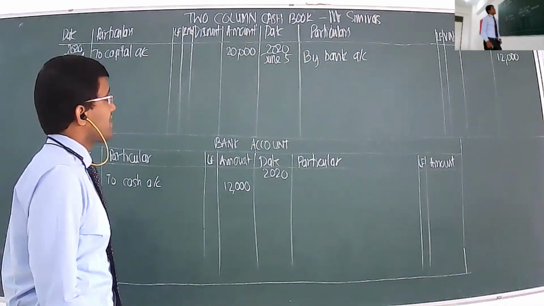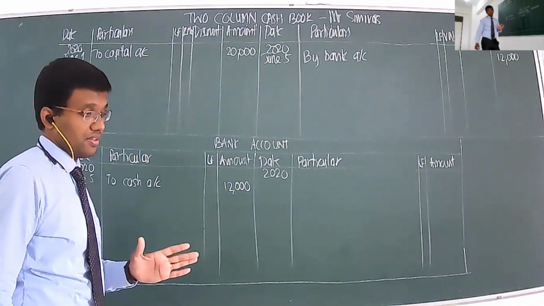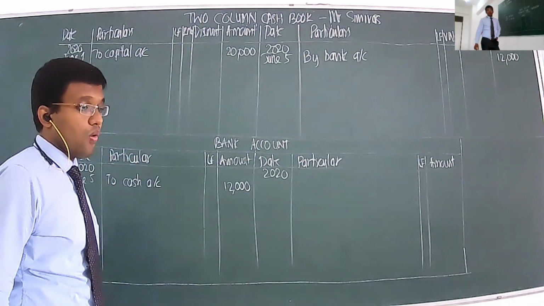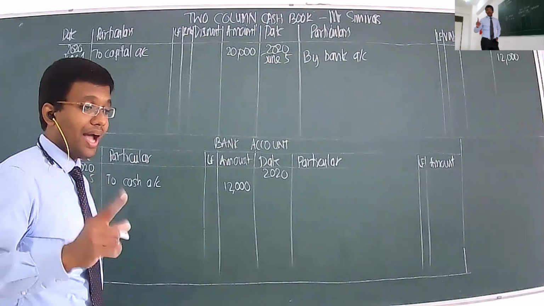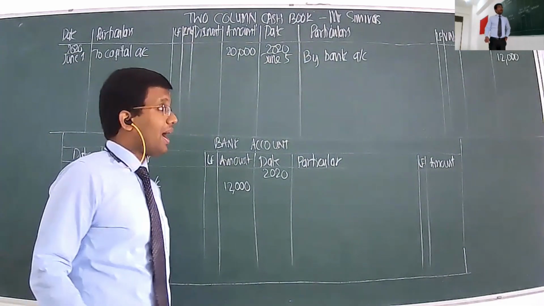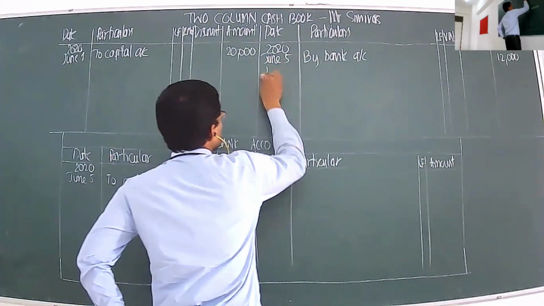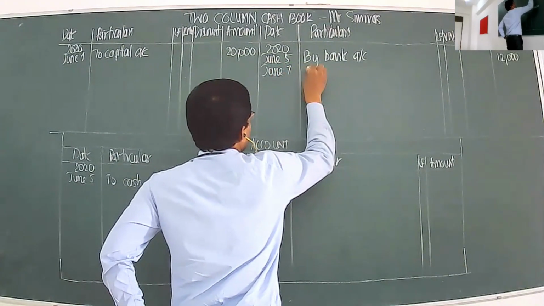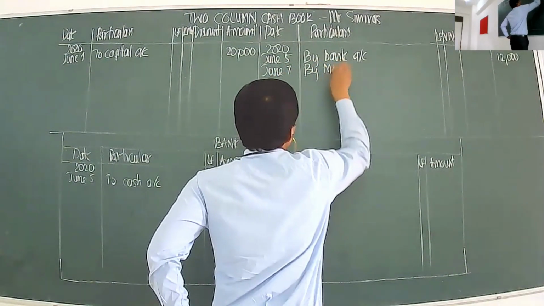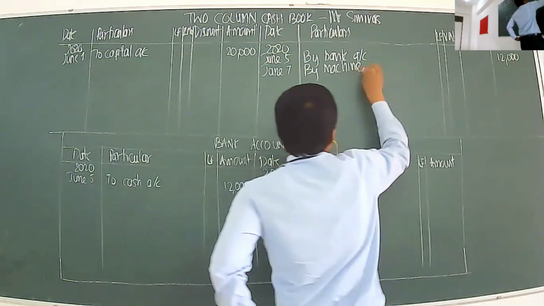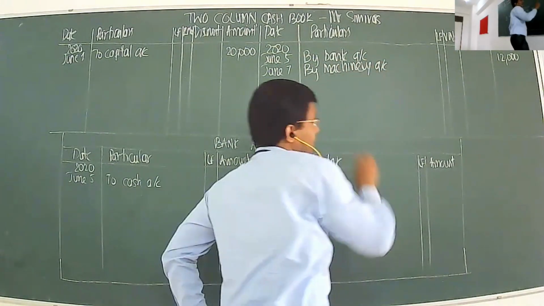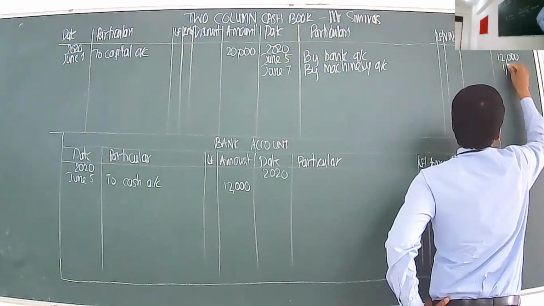Now let's look at the transaction on June 7th. On June 7th, you are buying machinery. So June 7th, by machinery account, and the amount is rupees 1,000.